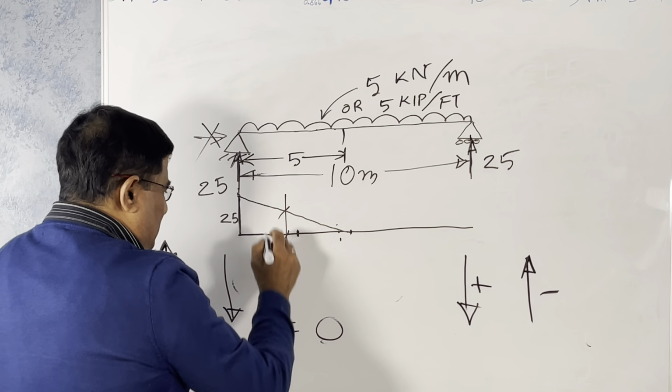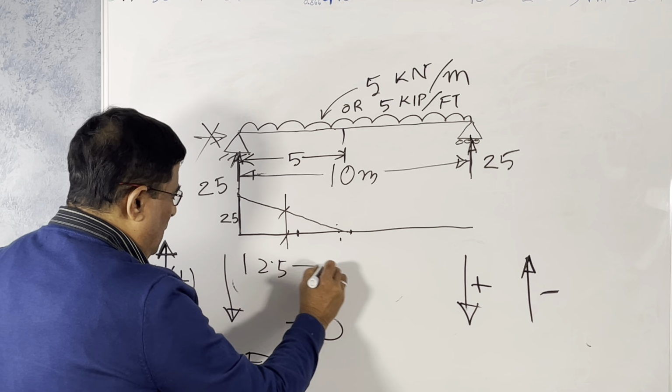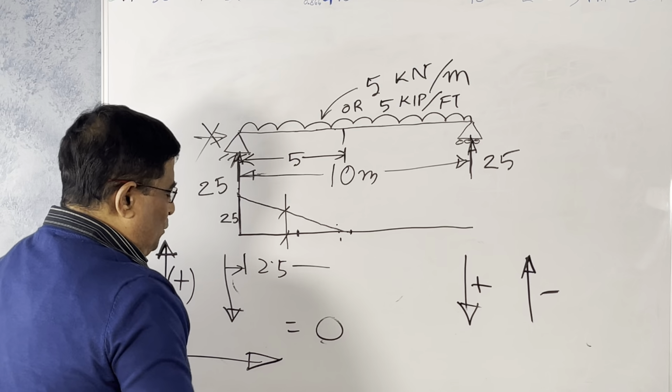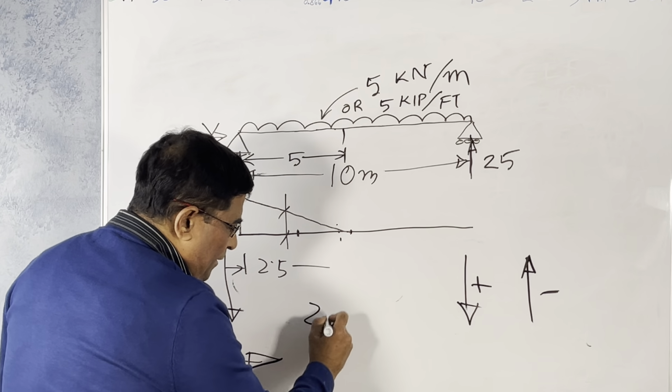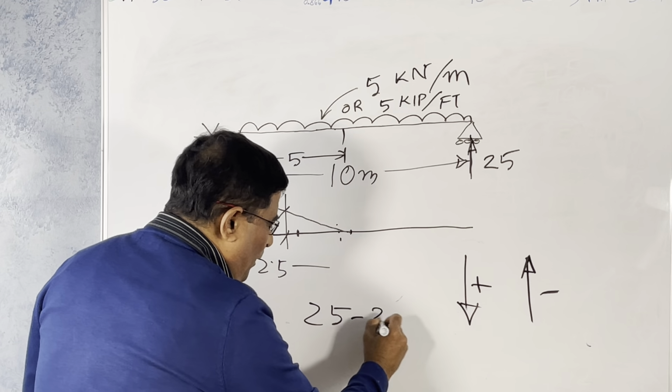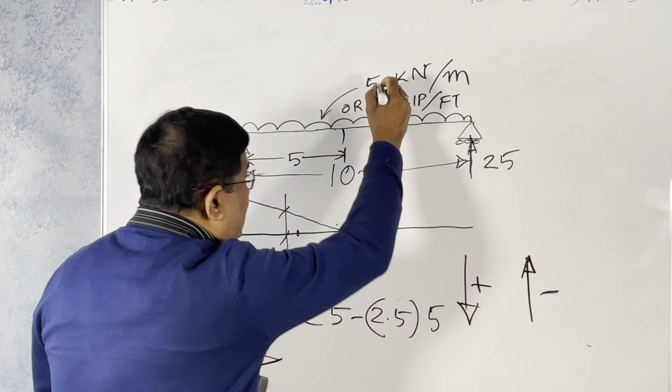Suppose you calculate at half of this, 2.5 from here to here. It will be 25 minus 2.5 times 5, where 5 is the intensity.